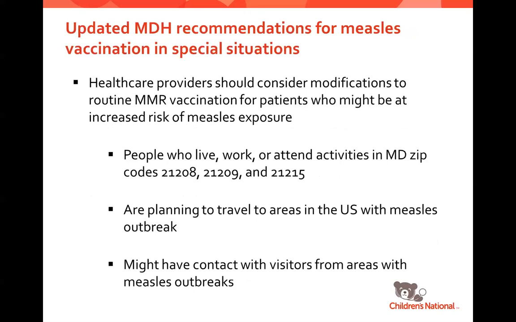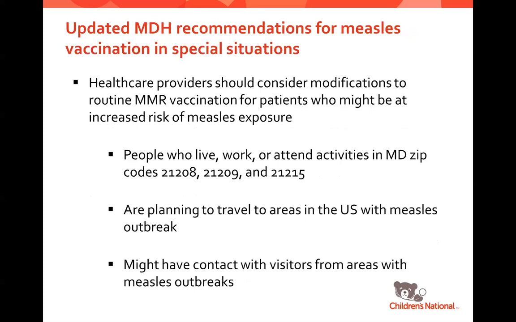Now, what about measles vaccination in special situations like outbreak situations? Whether we want to give early doses or extra doses of MMR vaccine, the CDC really asks local and regional health departments to make that decision.